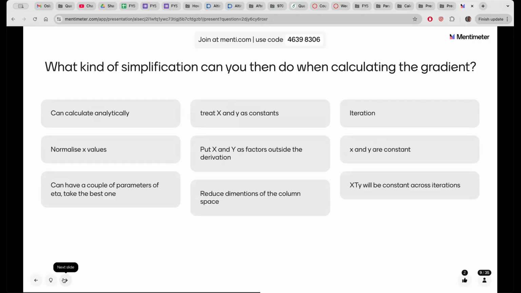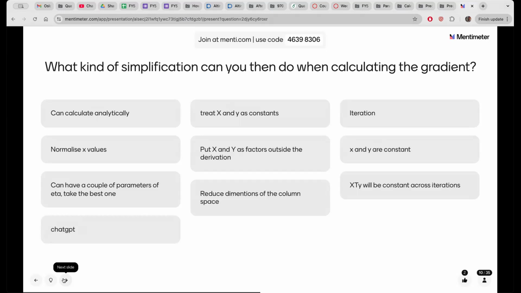So which one of these statements would you opt for? They're all relevant, but there is one, which is actually one, two, or three here, which are more relevant than the other ones from a computational point of view. Any good ideas?